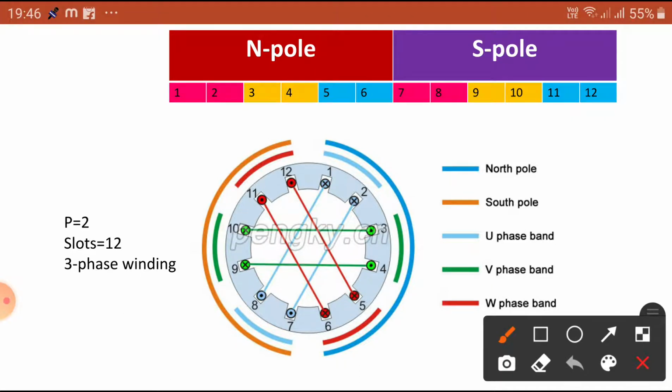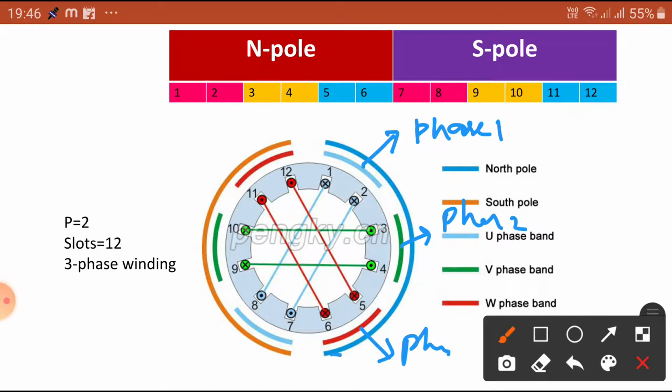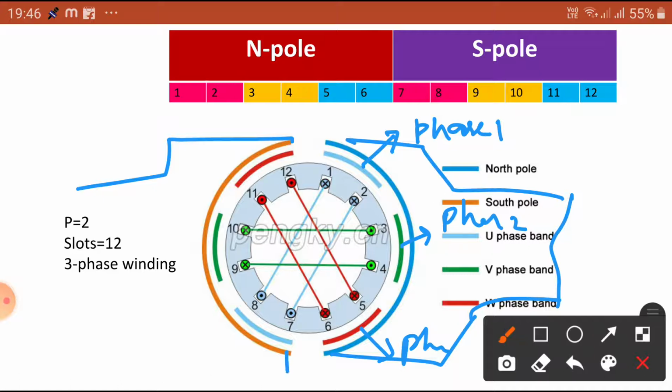So, this is phase 1, this is phase 2, and this is phase 3. Under the influence of 1 pole here, for example, and the same under the influence of another pole, for example, this is a north, this is a south.